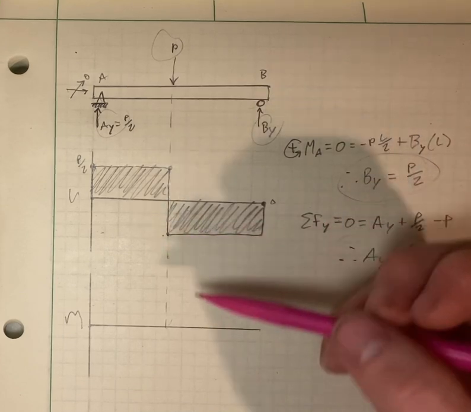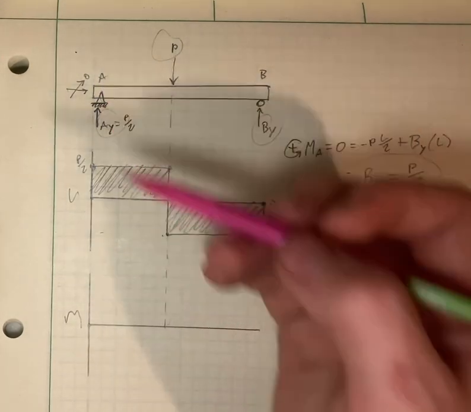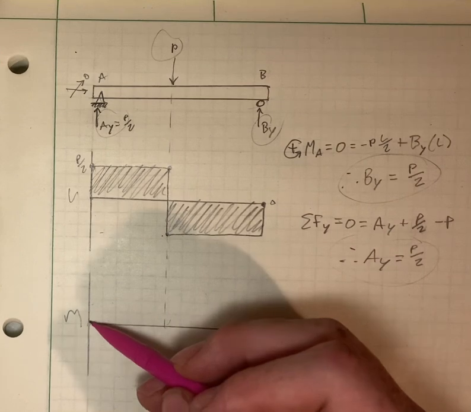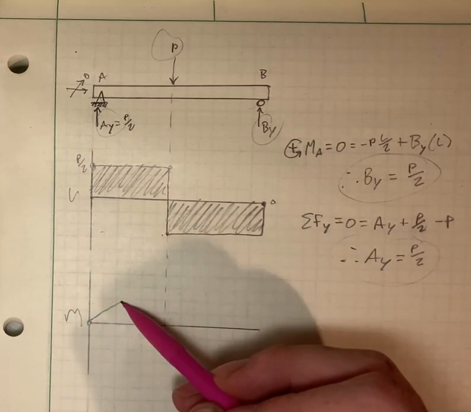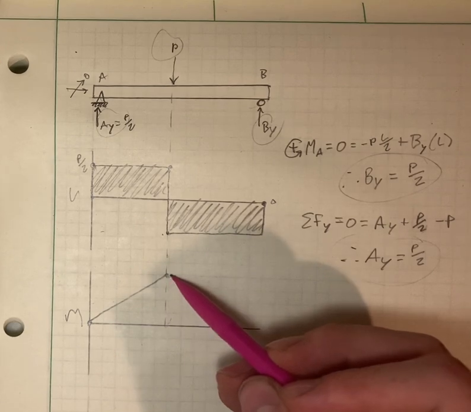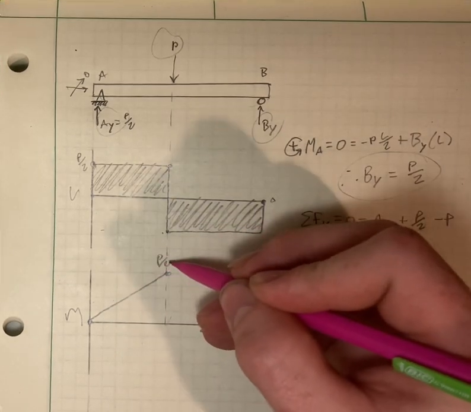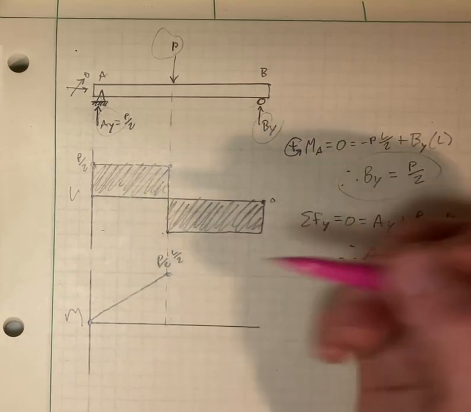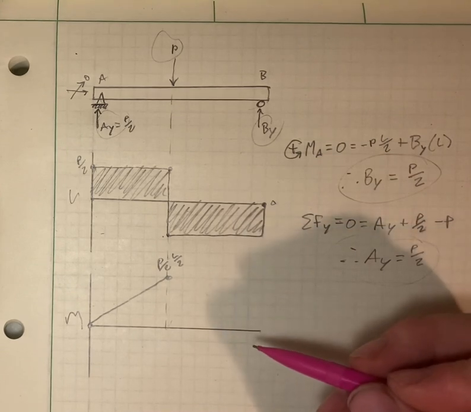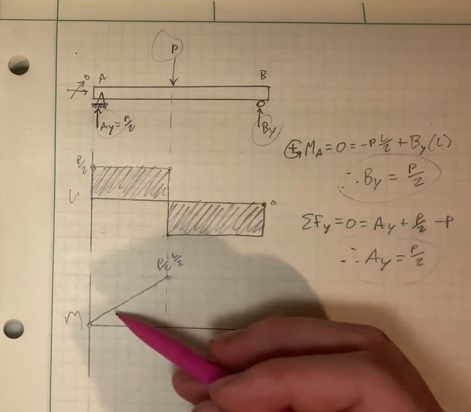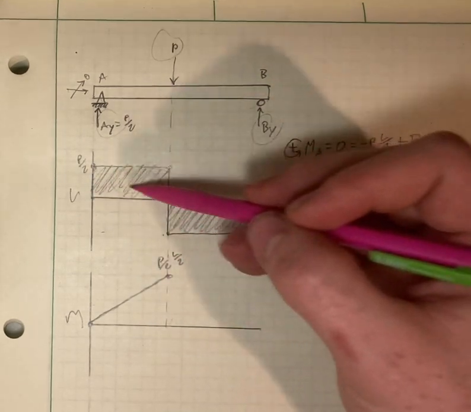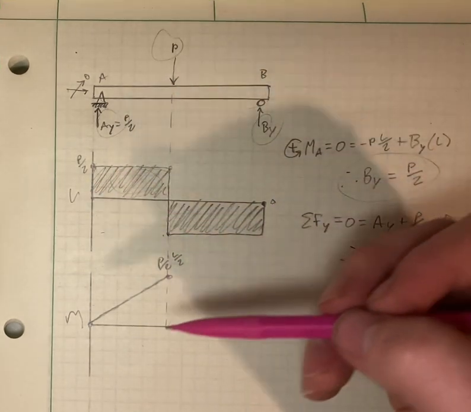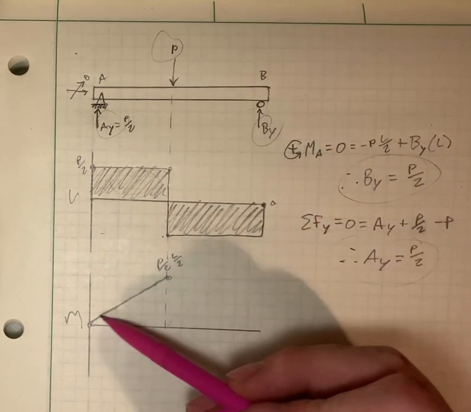And there's nothing going on for moments at A, so it starts at 0. And we go up linearly to that value, P over 2 times L over 2. And then, this was positive because this area is positive, being above the x-axis. So this slope was positive.